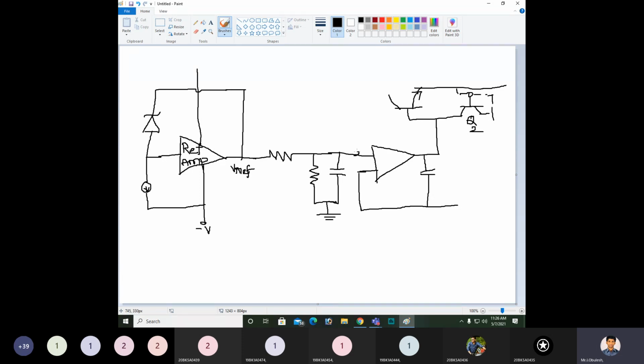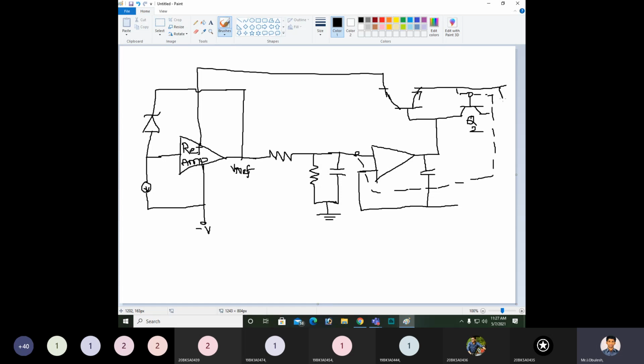Which is connecting to this non-inverting. This is connecting to this. Okay, here you need to connect the load.